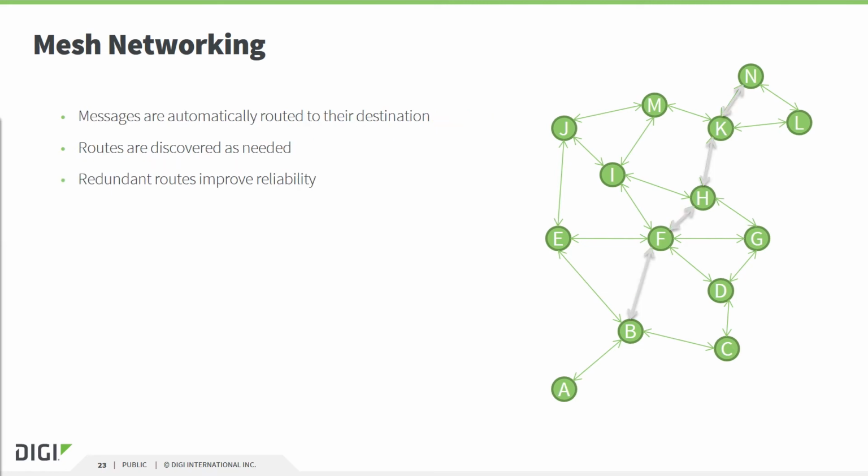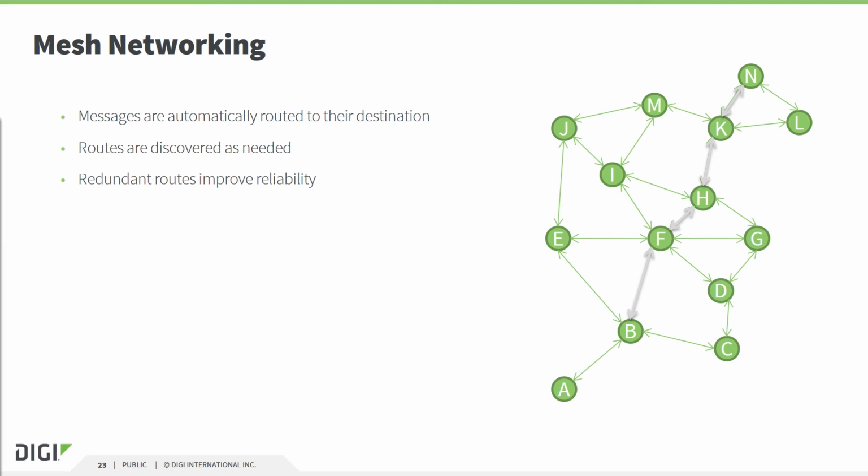For example, if A would like to talk with N, the nodes in the middle will retransmit the packet in order to reach the destination. If for whatever reason any of the nodes is not aware of the final destination, the network itself will look for the right route.